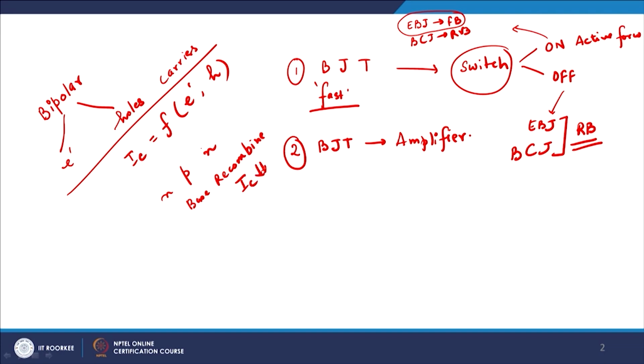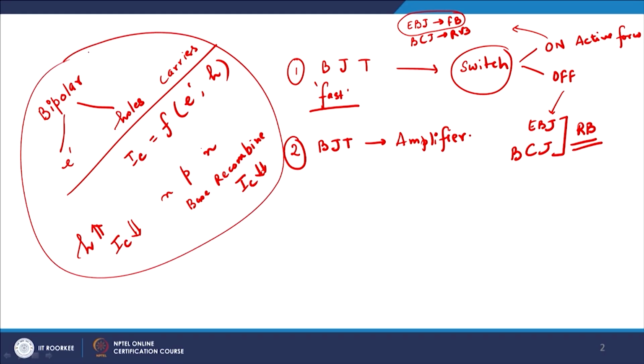So if your hole concentration is large compared to the previous case, I would expect my collector current to drop slightly. Therefore the bipolar transistor, as the name suggests, has contributions from both carriers, electrons as well as holes, and that was the name given to it way back in the 50s when it was found. Fine, so we have understood the origin of the BJT.